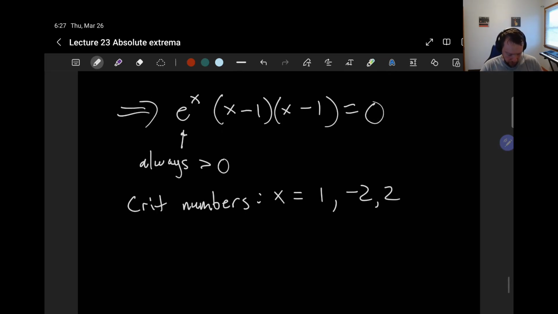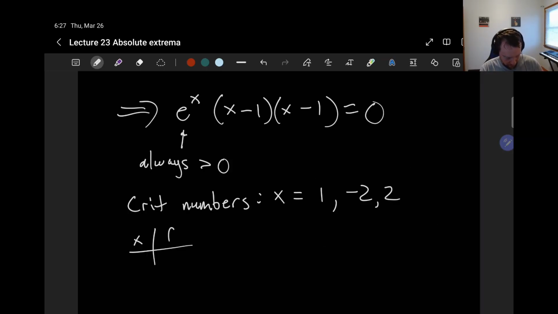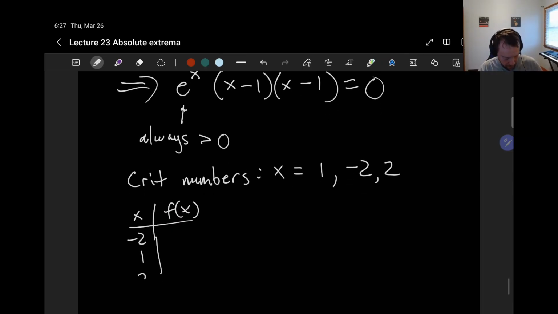So these are the only critical numbers. Now I know that the absolute max and min exist by extreme value theorem, and I know that they must be among this list here. So I just plug all those x values in and compare the heights.